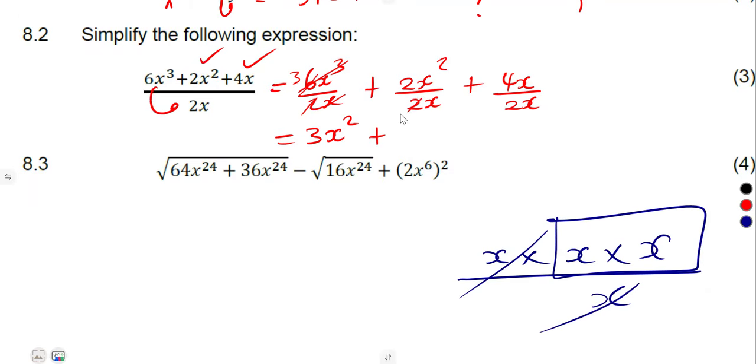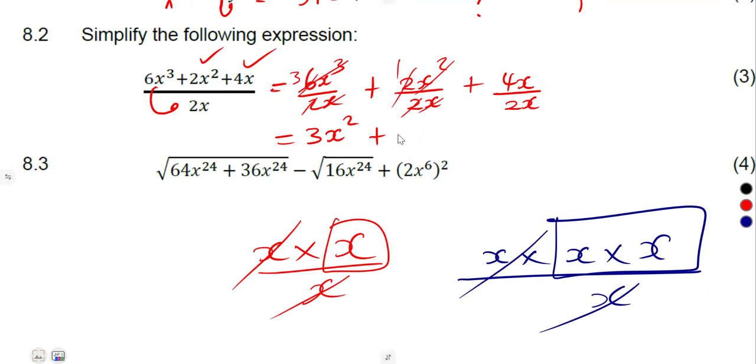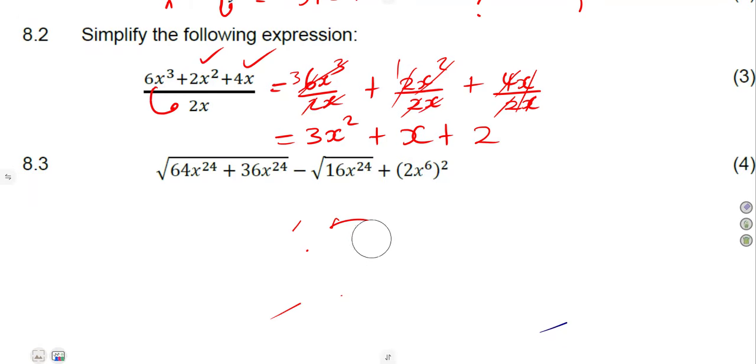Plus 2 and 2 cancel, that's 1, and x squared over x leaves 1x, which is the same as x. Then 4 divided by 2 is 2, and x cancels, that's a 1. So 2 times 1 is simply a 2. So just like that, you're done. The answer is 3x squared plus x plus 2.